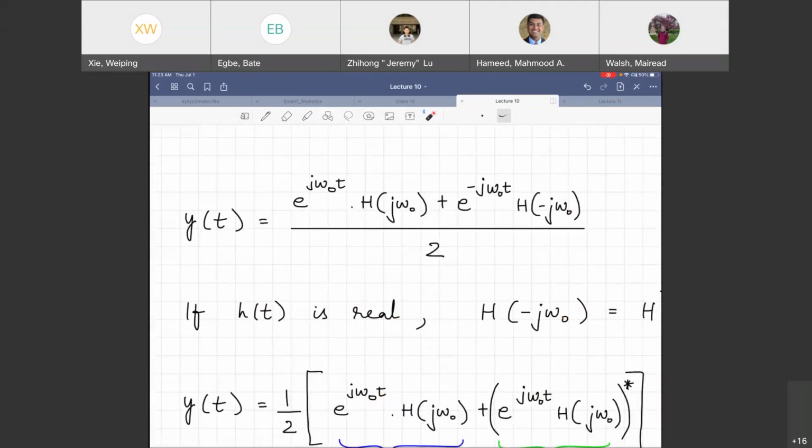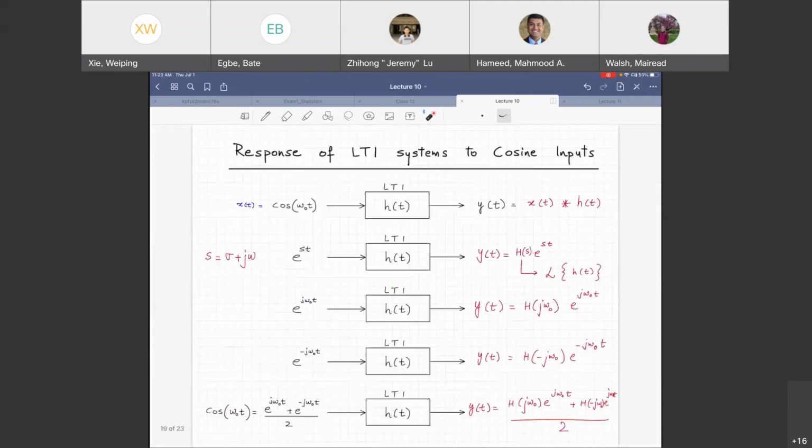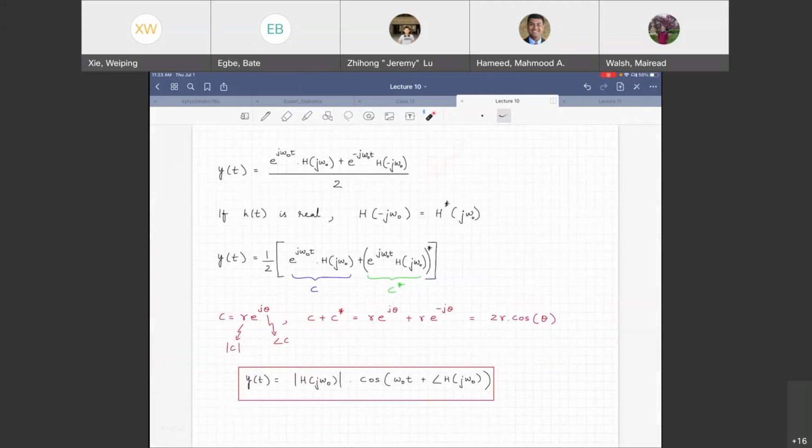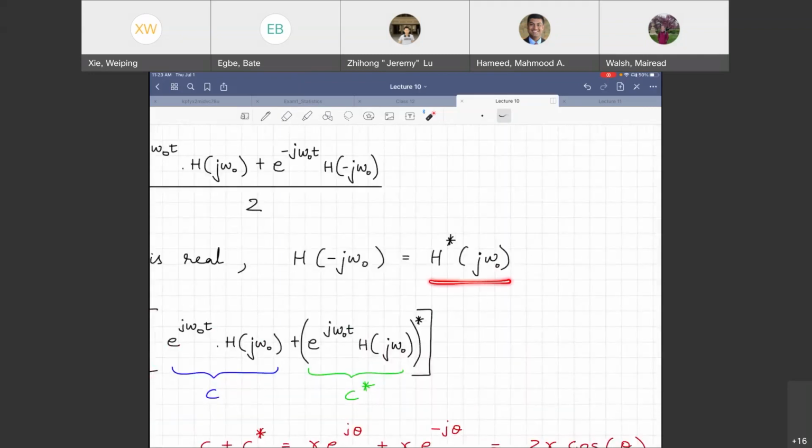So y of t at the top over here is simply whatever I wrote at the end over there, right? I'm rewriting this over here. I can simplify it a little bit. If the system impulse response is real, then I can say H conjugate of j omega naught is the same as H of minus j omega naught. Where have you seen something like this before?